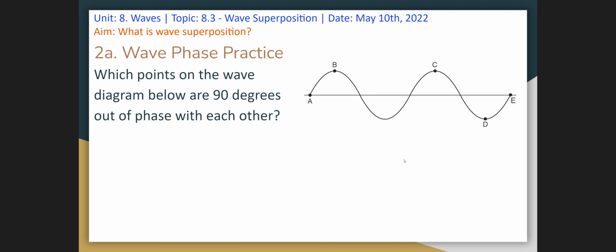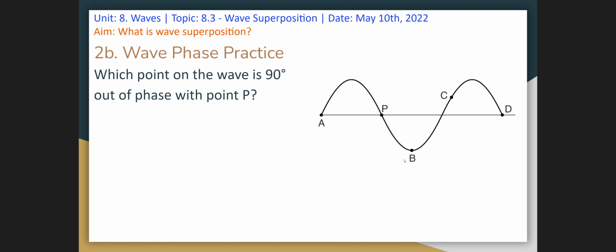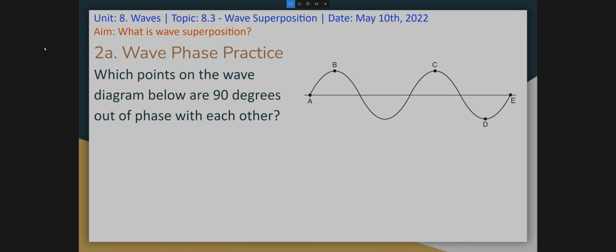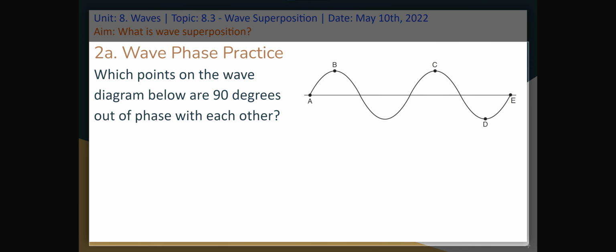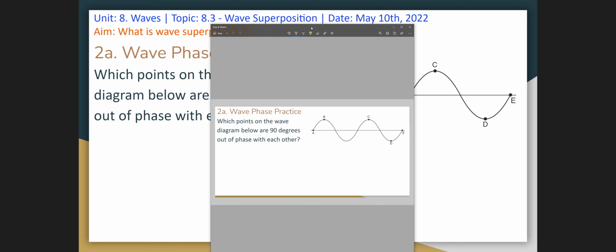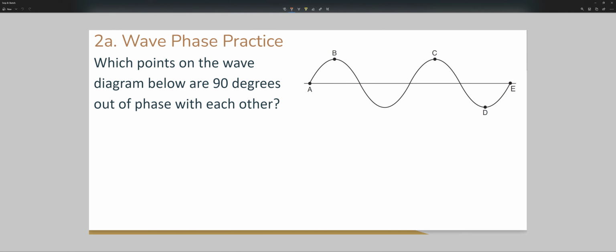So here, which points on the wave diagram below are 90 degrees out of phase with each other? Hold on, I need to sketch this. Here A would be 0 degrees, B would be 90 degrees, and this would be 180, 270, 360.